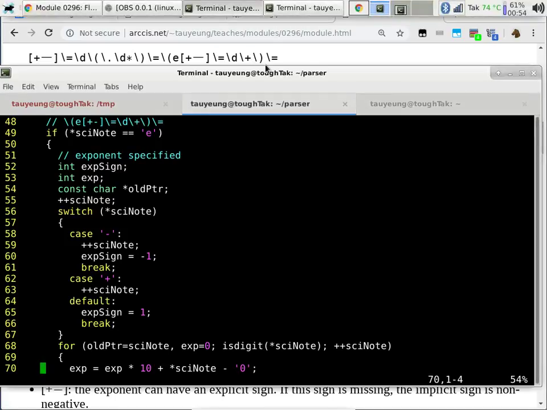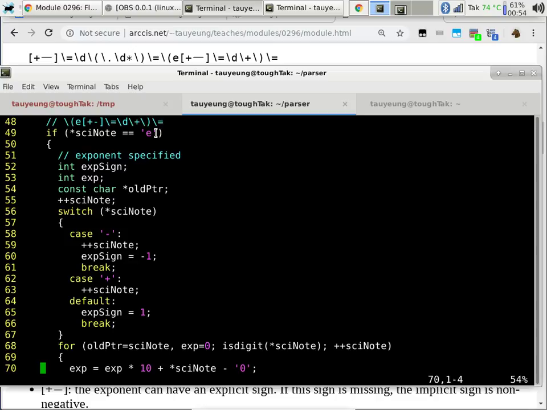But that part is optional too because of the question mark. So that means I'm only using the e to indicate, do we have an explicit exponent part? If the e is there, that means yes. If the e is not there, that means nope. The scientific notation does not actually have an exponent component. So if I do see an e, then I go through the rest of the logic, which basically starts on line 55.